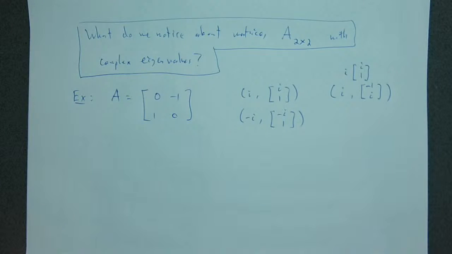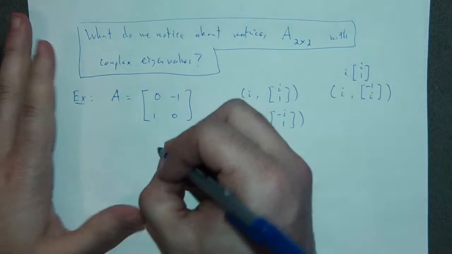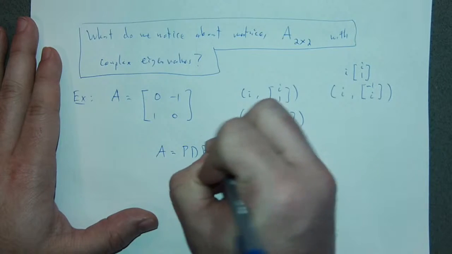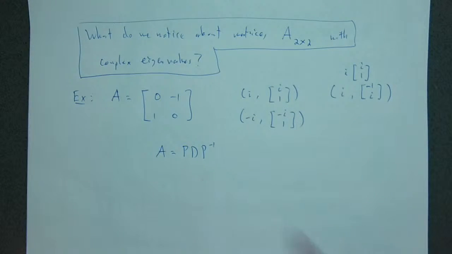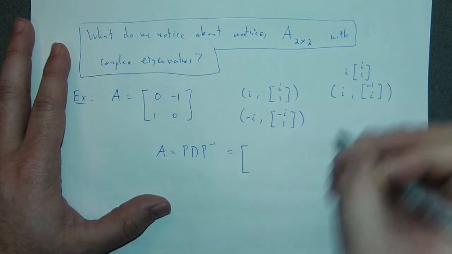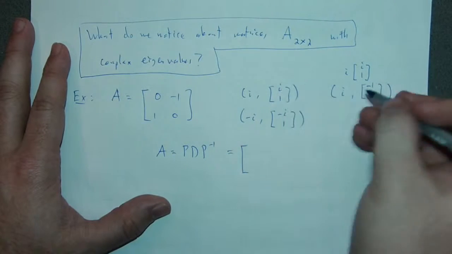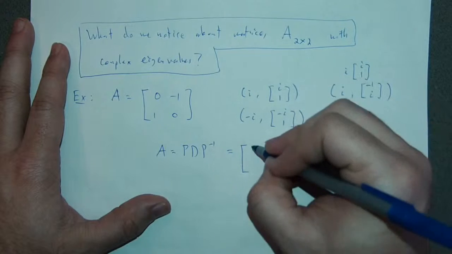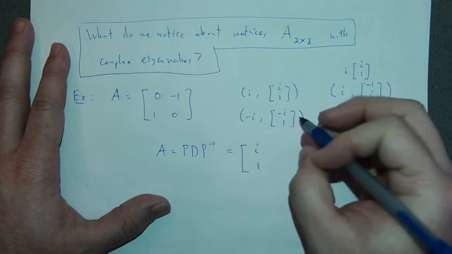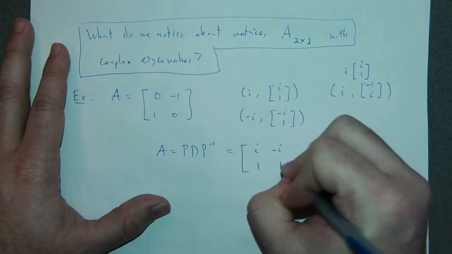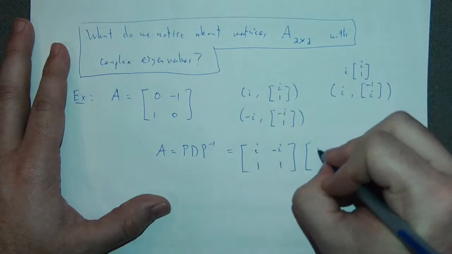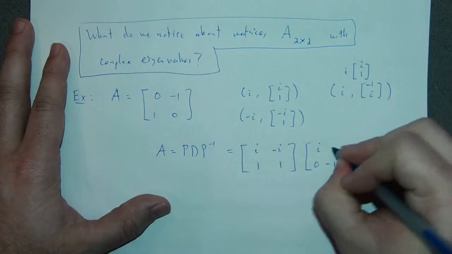Well, remember how the process of diagonalization works, right? You want to try to form this thing, but when you form this thing, what would you get here? P would be, in this case, this is my first, this is my second. So your P would be this thing here, times D. Your eigenvalues were i and minus i.